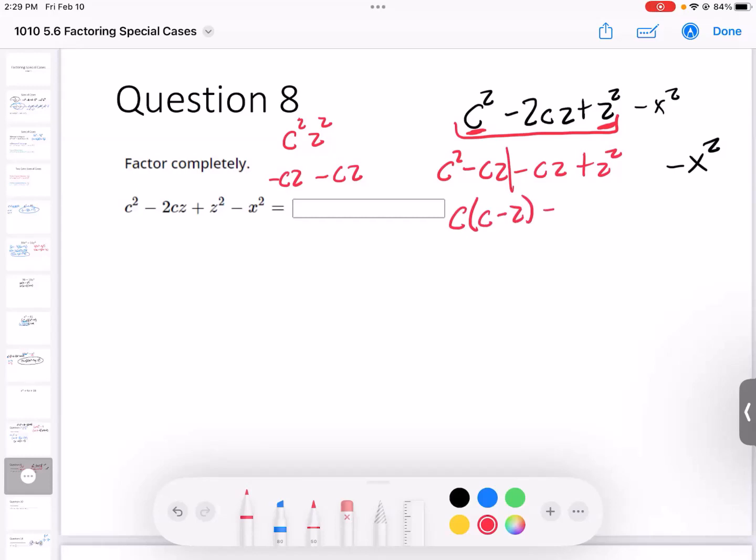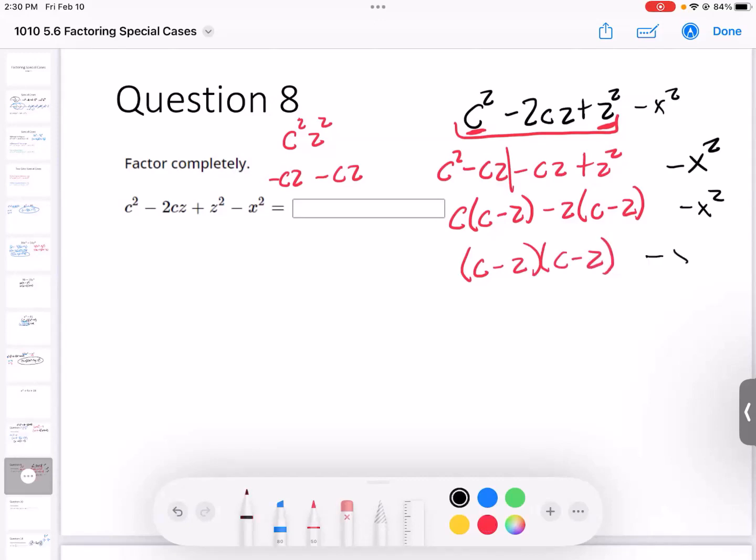On the second one, I get a negative z in common, which leaves c minus z. And I still have my minus x squared out here. And then these two terms have a c minus z in common. So I can factor those out and I get c minus z times c minus z.